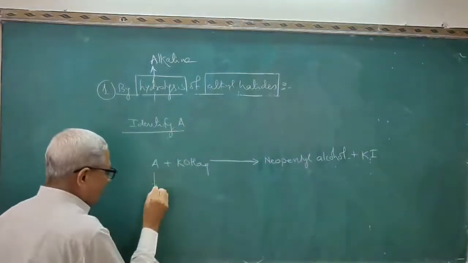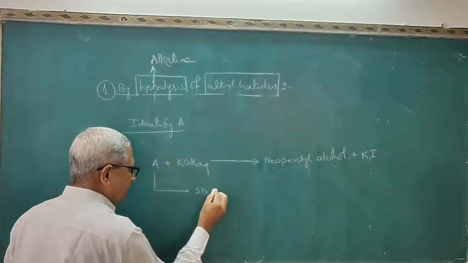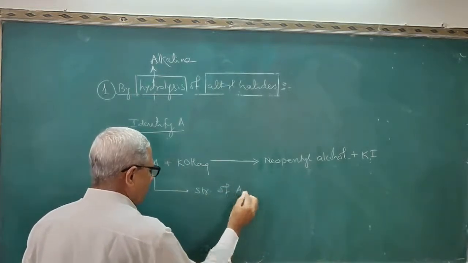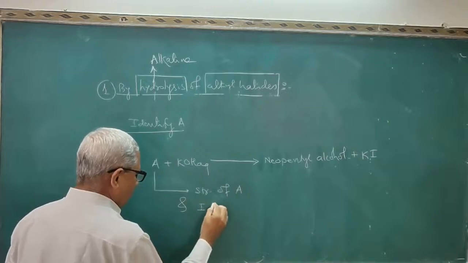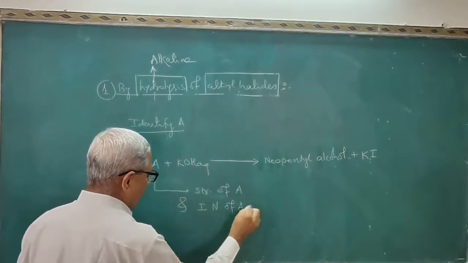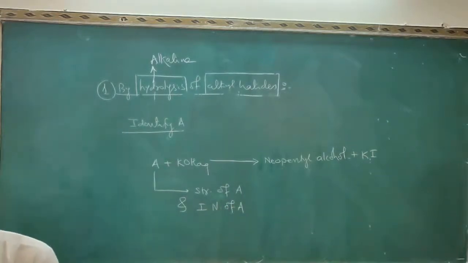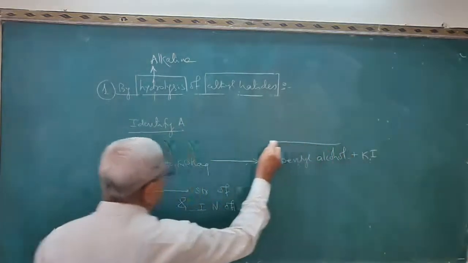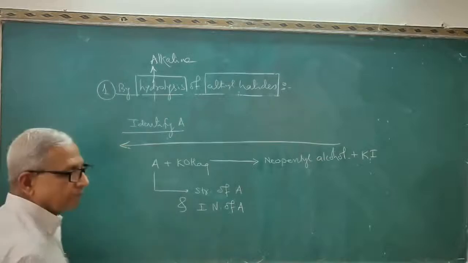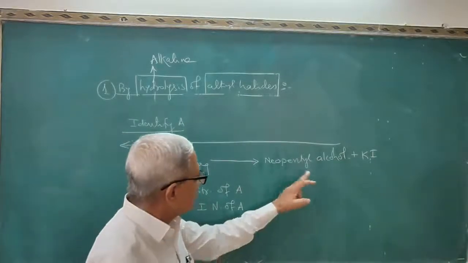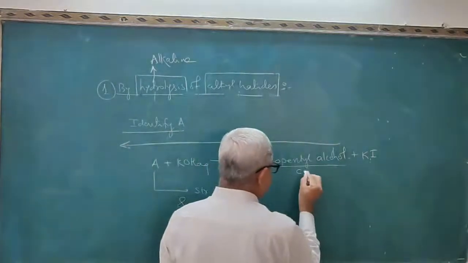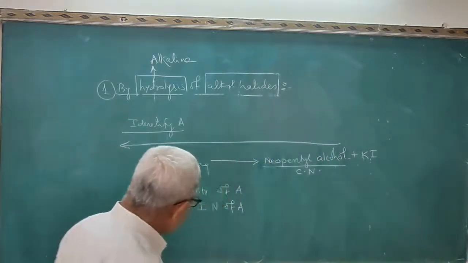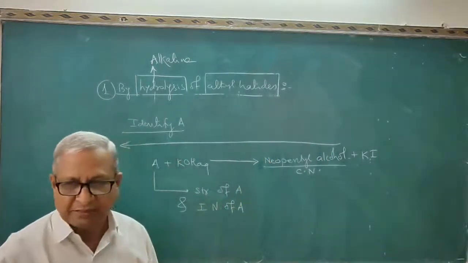I will not draw the structure. Conditions are given here: first write the structure of A and the IUPAC name of A. These are the two conditions given here. So this question should be solved in the reverse direction. Here the structure is given, the common name is given, and remember that the IUPAC name is asked.